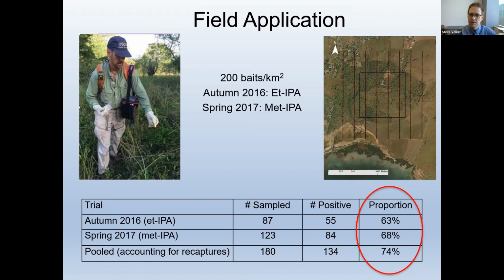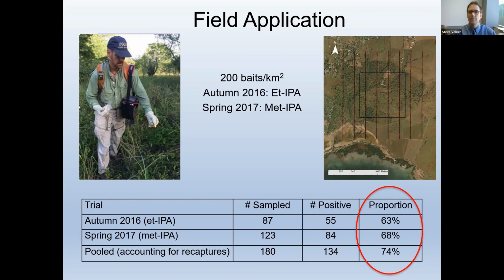For the results of the autumn 2016 trial, over 60% of the animals we sampled were positive for ethyl IPA, suggesting that they had consumed our placebo baits. In the spring, 68% of the animals sampled were positive for methyl IPA.